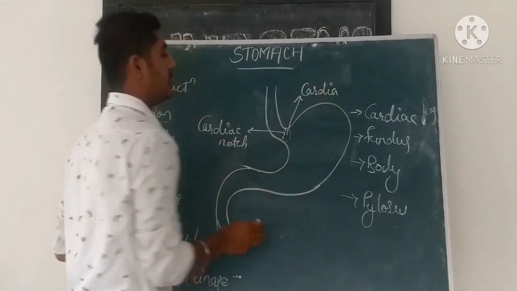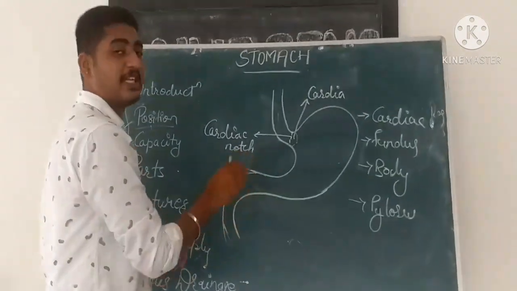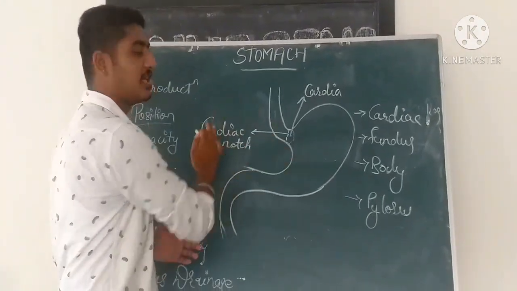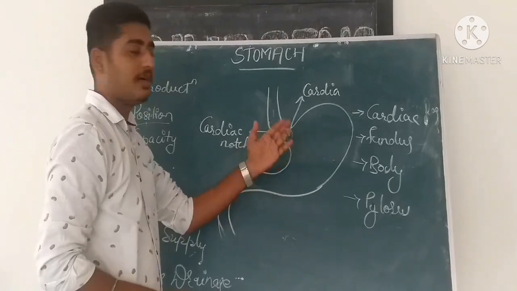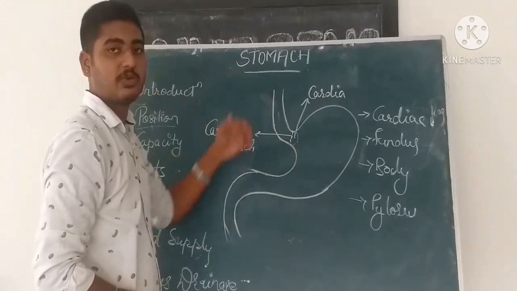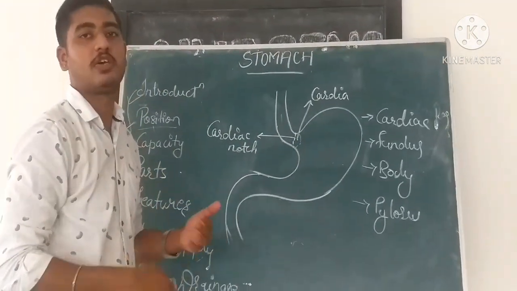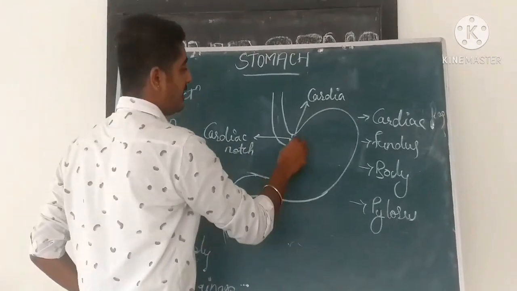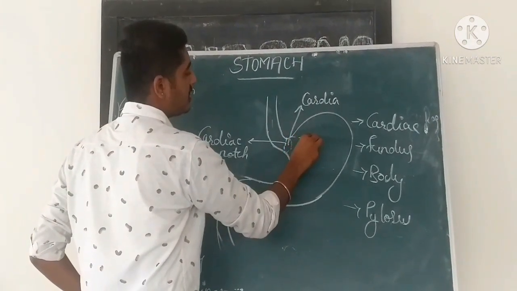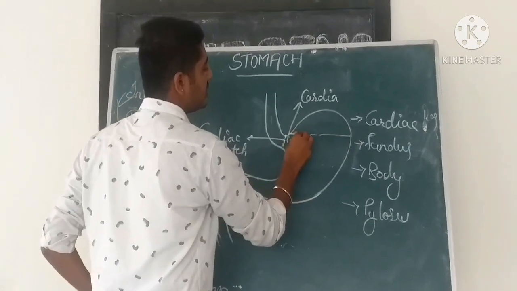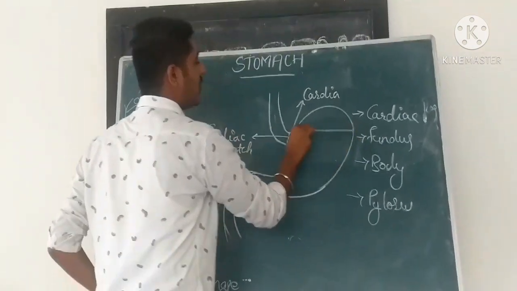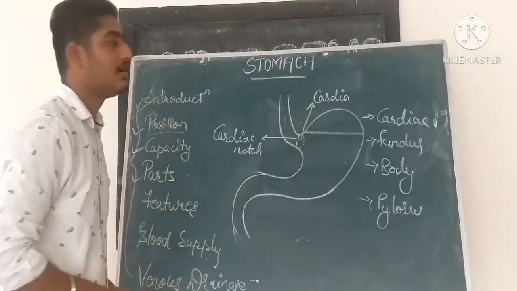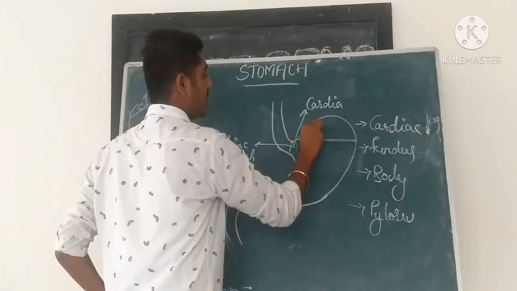Here we are going to have the sphincter muscles, which prevent the backflow of food from the stomach into the esophagus, so that nausea or vomiting will not occur. Then this particular portion, which is superior to the cardiac notch, is called the fundus.